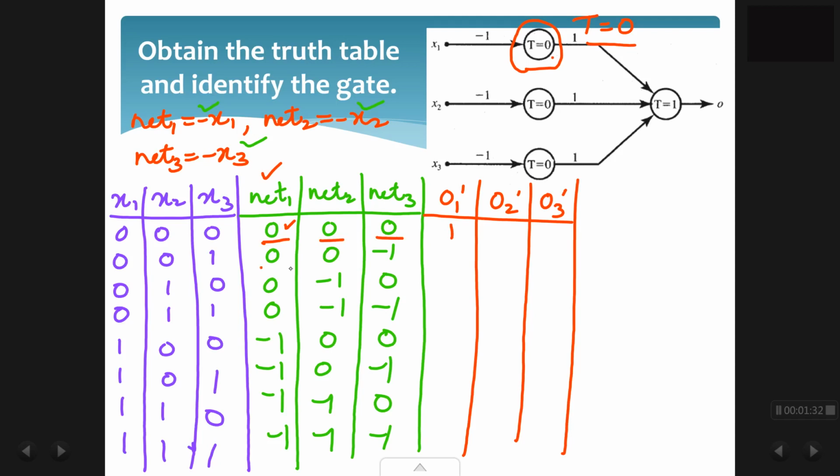So whenever it is a 0, the output O1 dash, O2 dash and O3 dash will be 1, 1, 1. And whenever it is a minus 1, minus 1 is less than the threshold t, therefore the answer will be 0. So I can complete this table also.